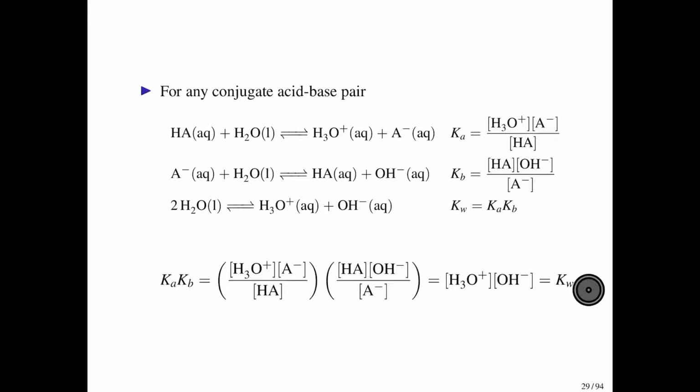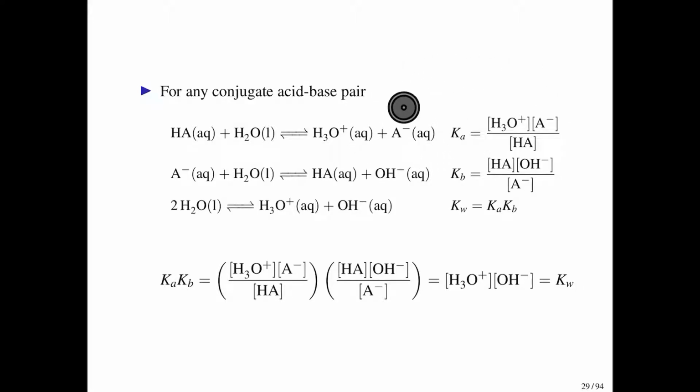I wanted to point out another relationship between conjugate acid-base pairs. Specifically, the Ka value for the acid times the Kb value for its conjugate base equals the value of Kw. And I've illustrated how that works on this slide. So consider the generic weak acid ionization reaction that we had before, and this is its Ka expression.